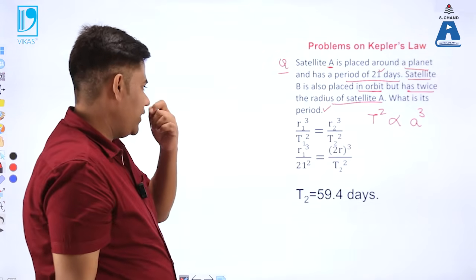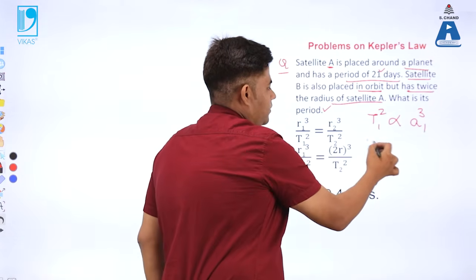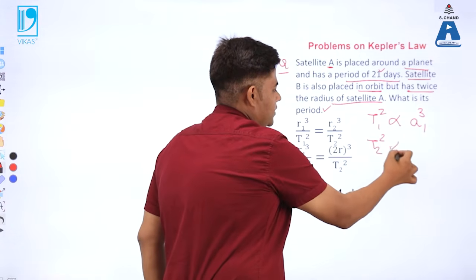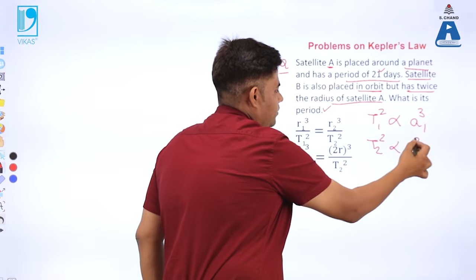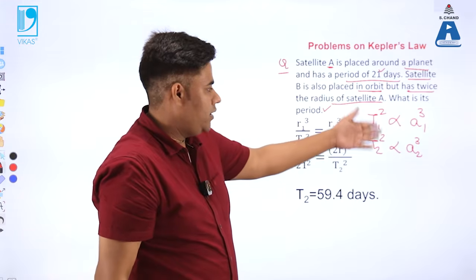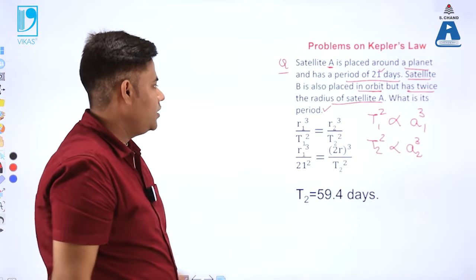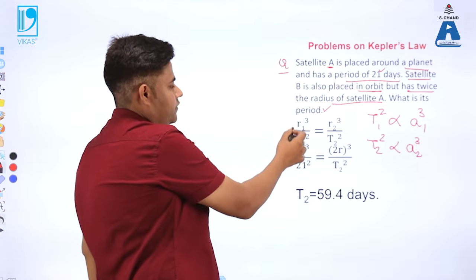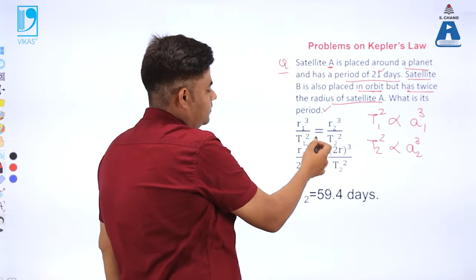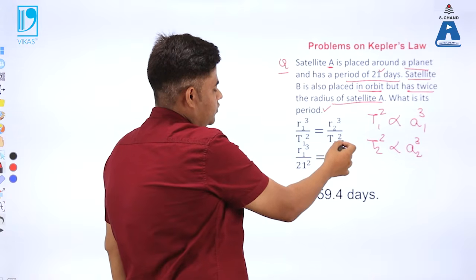That means if I take these two as 1 and the other as 2, T2 squared is directly proportional to A2 cubed, and I need to divide them, keeping them equal with the help of a constant. What do I get? I can cancel the constant out and I get this expression, which is R1 cubed over T1 squared, similarly R2 cubed over T2 squared.